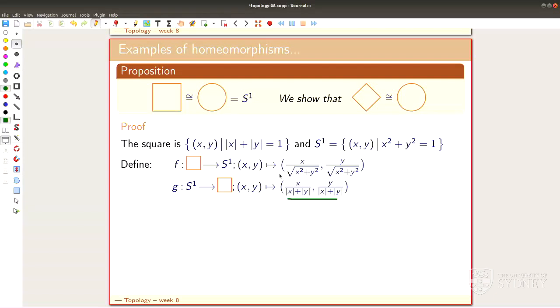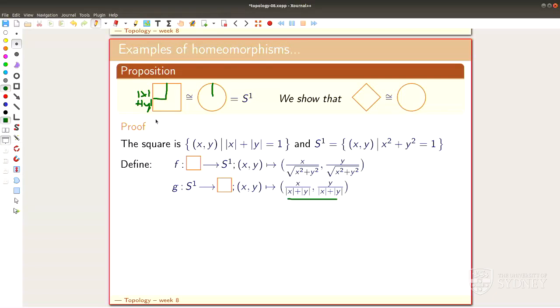And because of the squares, I need the square root here. But all I'm doing is I rescale my coordinates. So here they are of unit length, and here they are of this length given by the absolute values of the coordinates. It's kind of what defines a square anyway. You just rescale the coordinates.